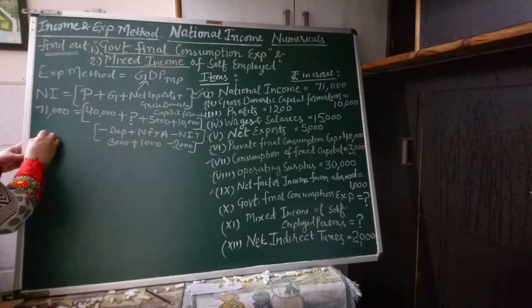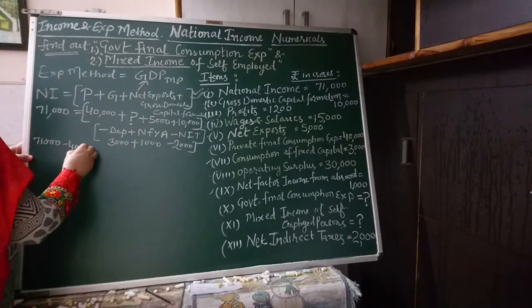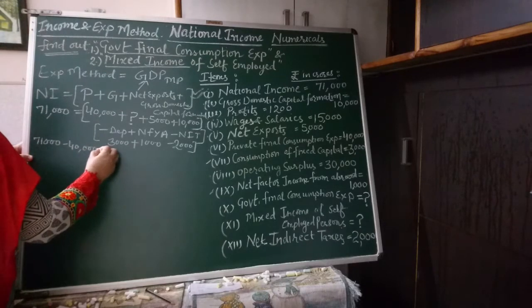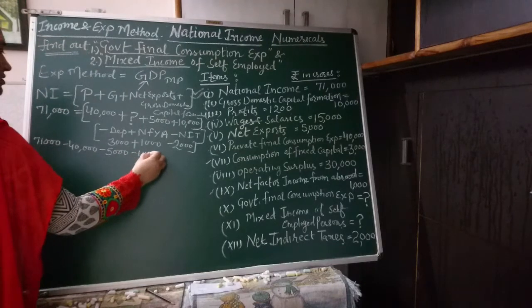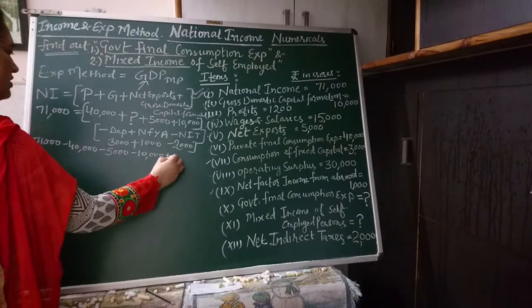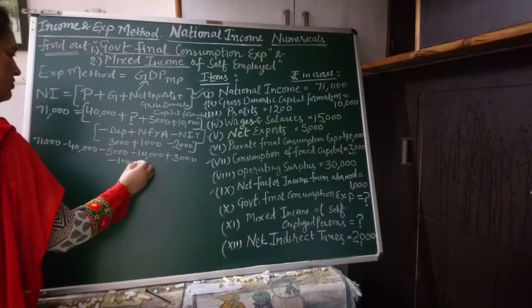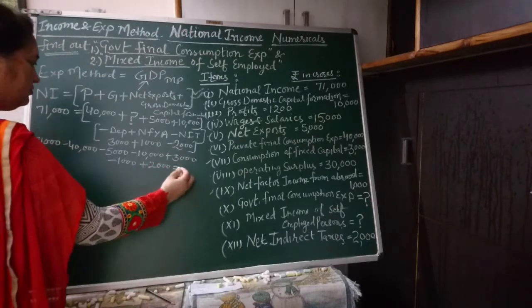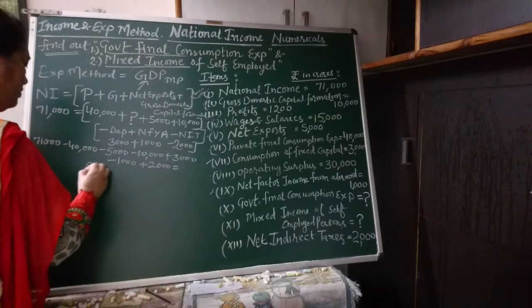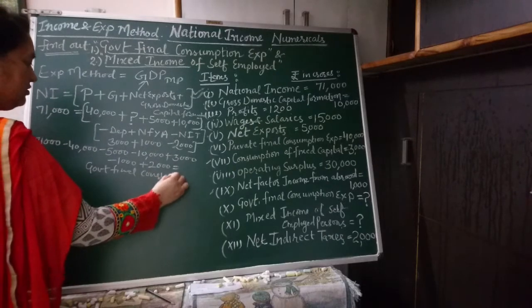So 71,000 minus 40,000 minus 5,000 minus 10,000 plus 3,000 minus 1,000 plus 2,000 will be equivalent to government final consumption expenditure.